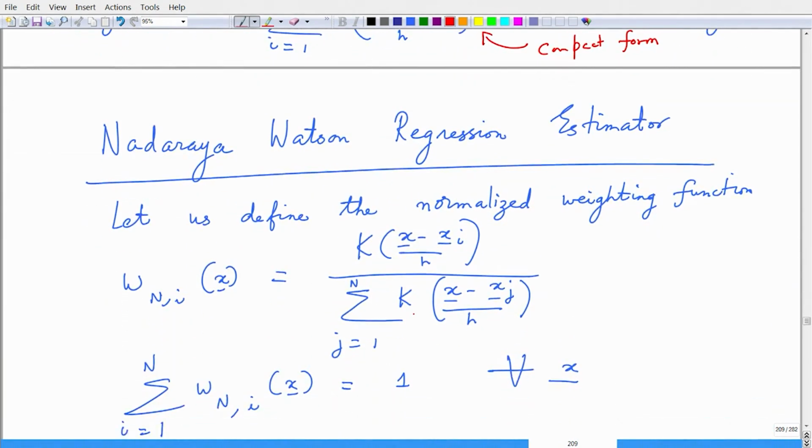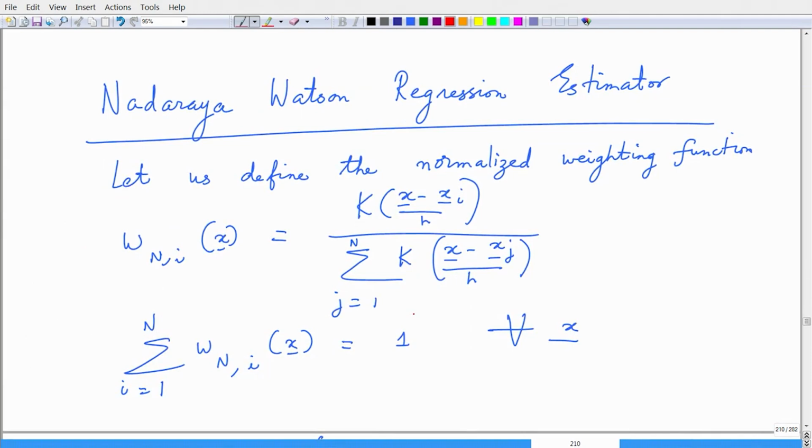Now, there is also this estimator, which is sort of well known in the estimation theory community, which is the Nadaraya-Watson regression estimator. Let us define the normalized weighting function to be w n comma I of x. So, n is the number of data points and I is for the ith sample.